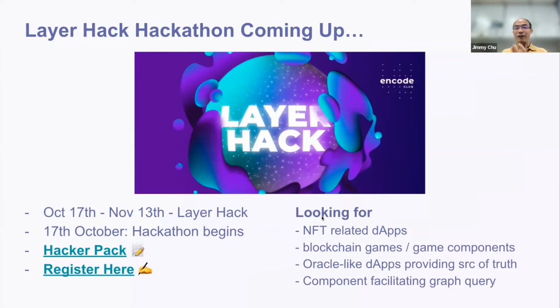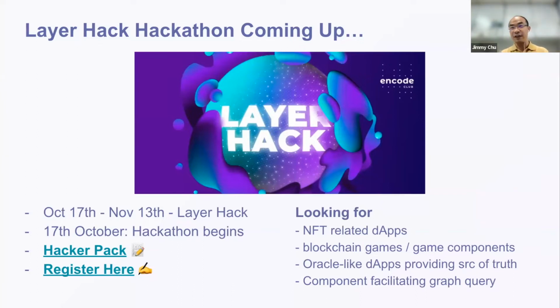So what we are looking for: as I mentioned just now, if you can foresee any kind of activities or apps that will cause a sudden spike in traffic, those types of applications will be really suitable to be deployed on ALtLayer.